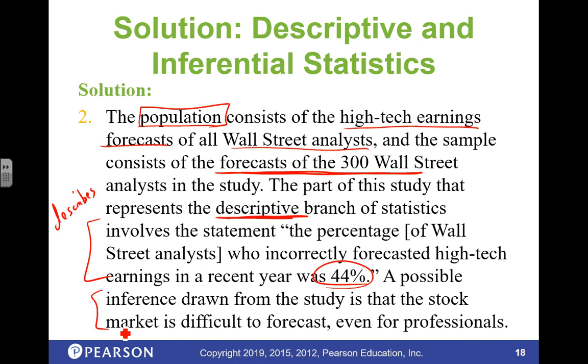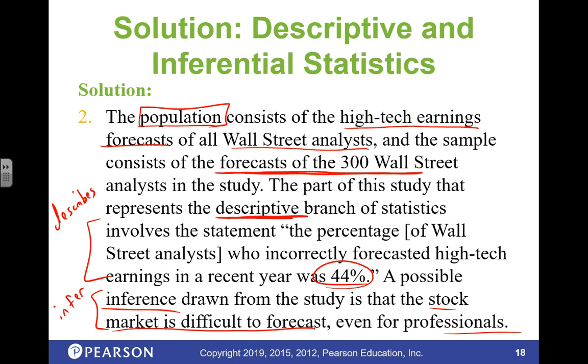This other part is the inferential part because it infers a possible reason for that. It could be that the stock market is difficult to forecast, even if that's what you do for a living. So that's one thing that can be inferred. Hey, this whole business of determining which stocks are going up, which stocks are going down, that's not just something that's easy to do.